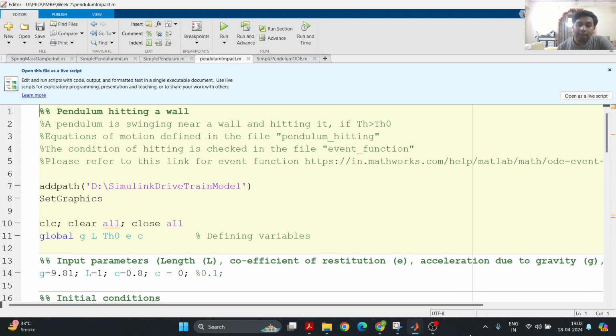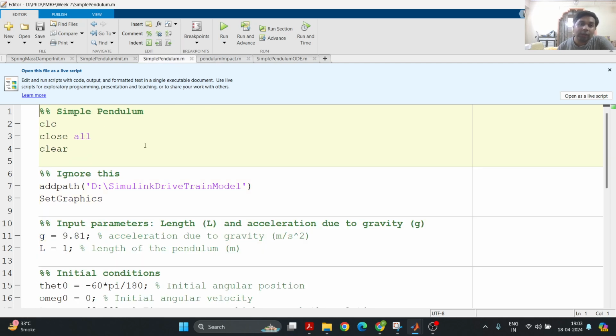Okay. So in yesterday's session, I just gave an overview of whatever content has been covered overall in this course till now. In week 7 content there was a mention about using Simulink for solving different kinds of problems.